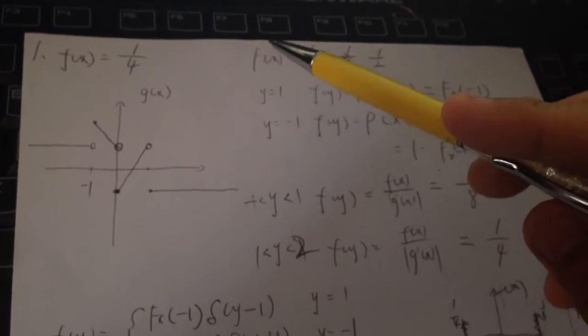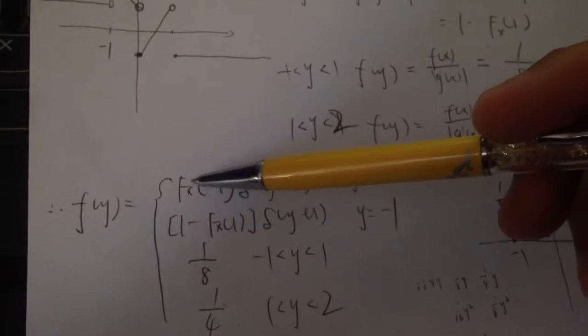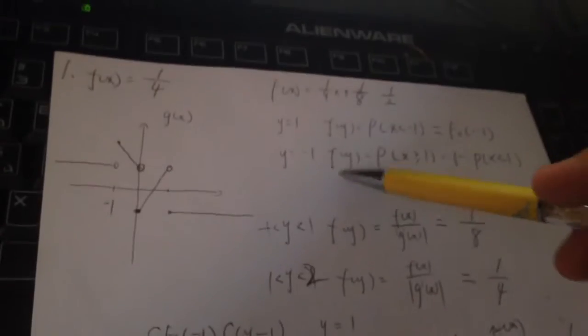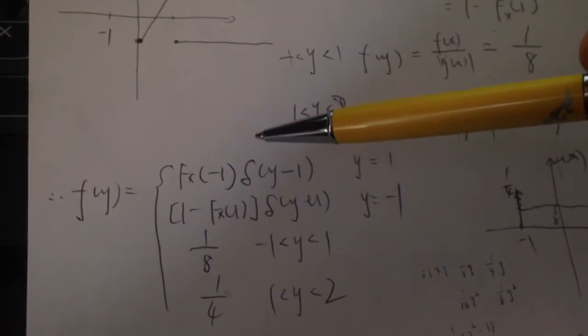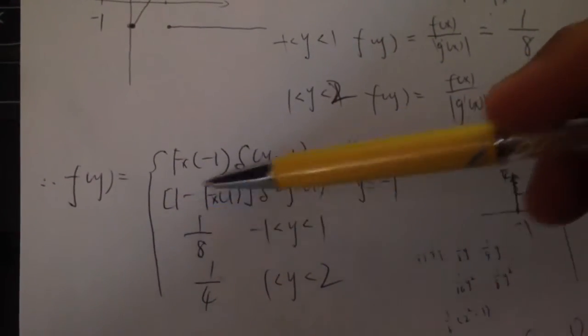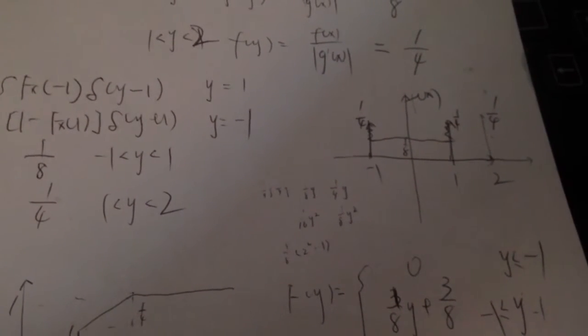And here, according to the big F of x, we just put -1 into the equation. We can know that the F of x when x is -1 should be 1/4. Similarly, this one is 1/4. So here we can draw the f of y.